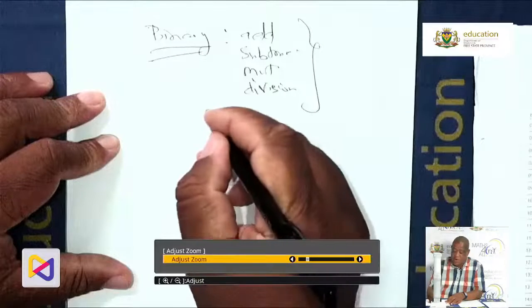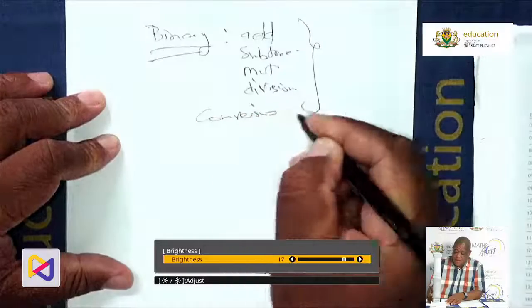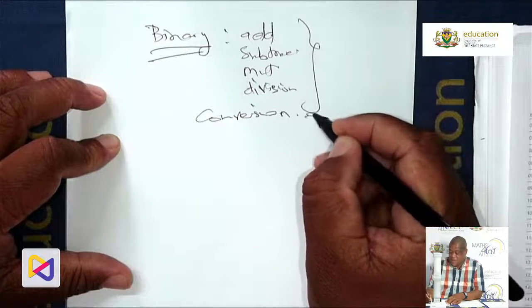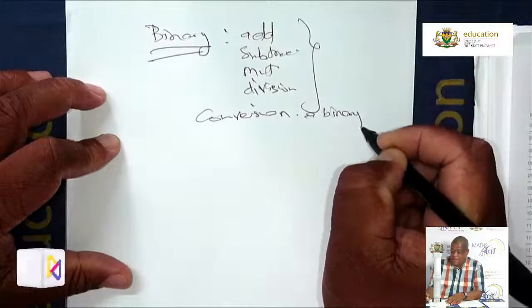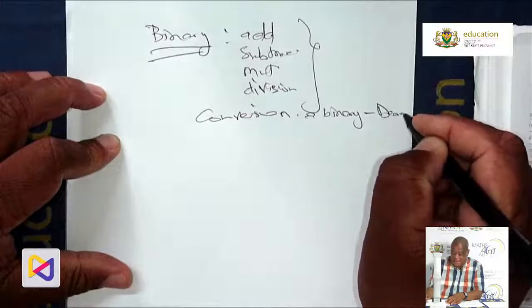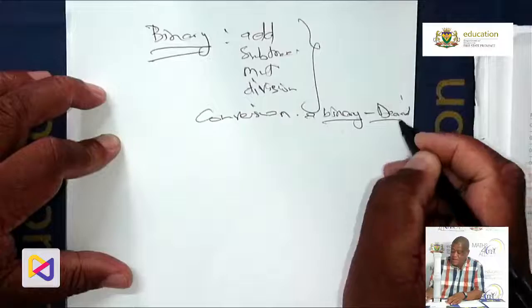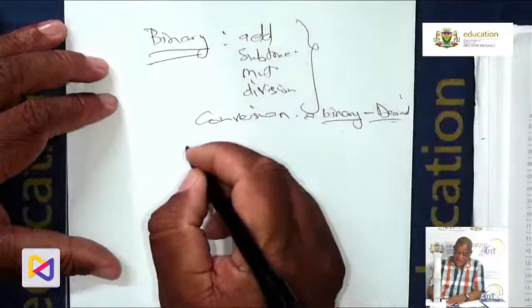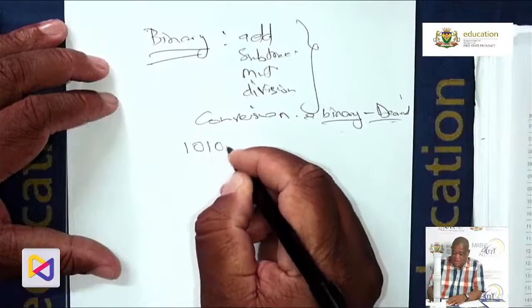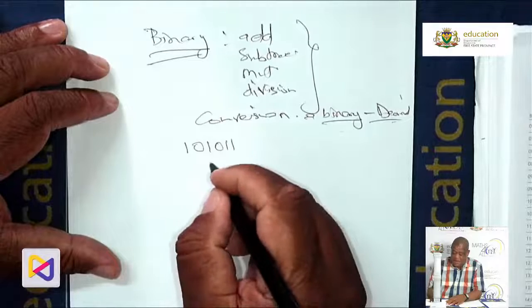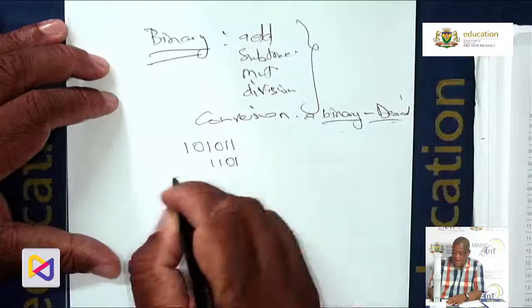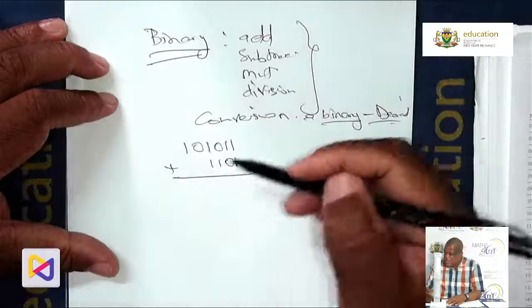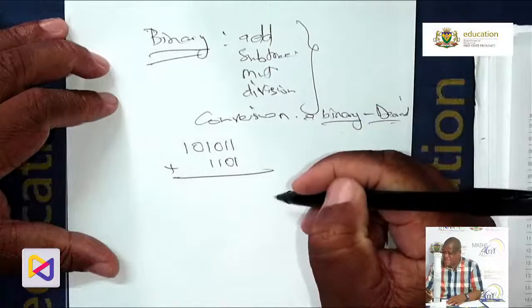Or the conversion is very key, converting from binary to decimal, or vice versa, from decimal to binary, or adding, being given something like 101011, expected to add it to 1101. They want you to add this kind. It's very small marks that are input for this one.